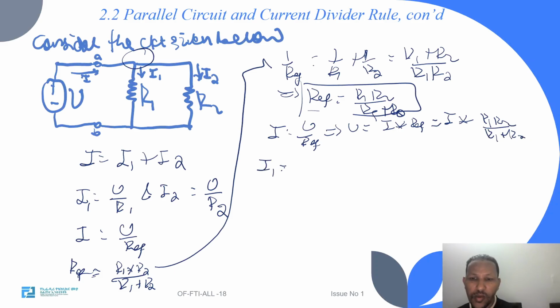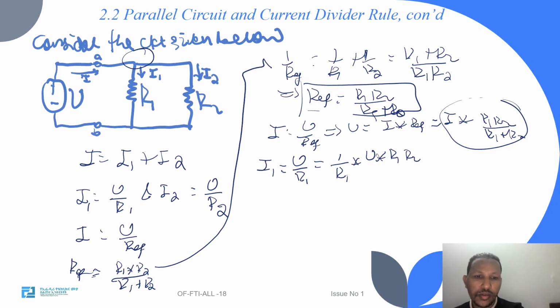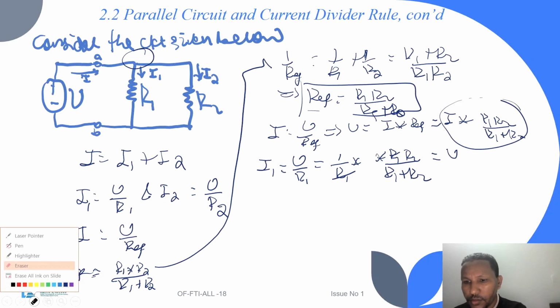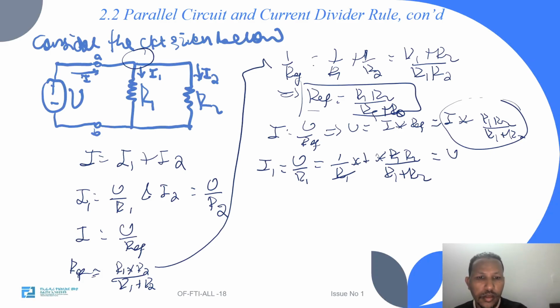Now let's have I1, which is V over R1. As V is expressed here, I1 equals 1 over R1 times I times R1 R2 over R1 plus R2. So R1 will be cancelled, which gives I times R2 over R1 plus R2, where I is the total current.